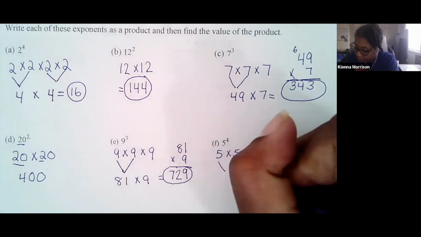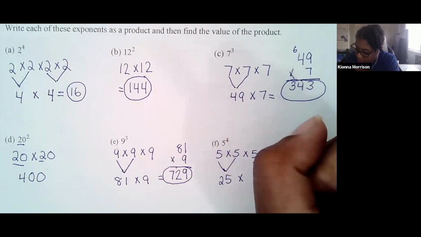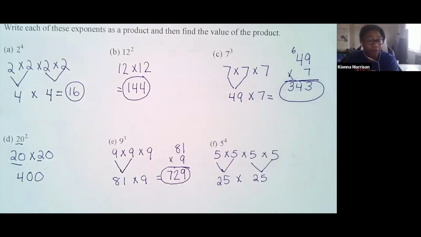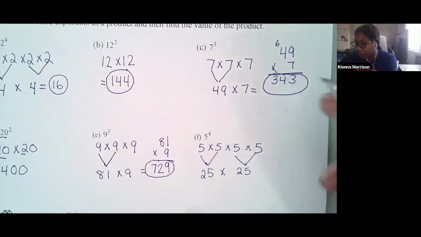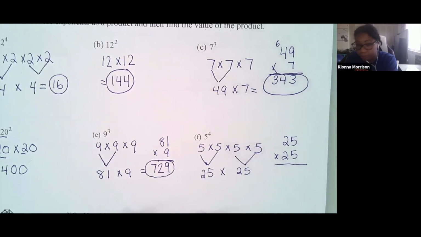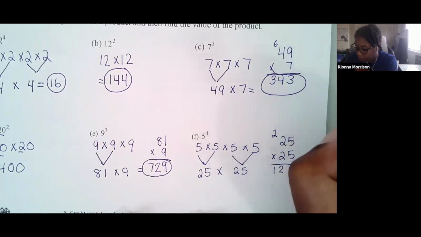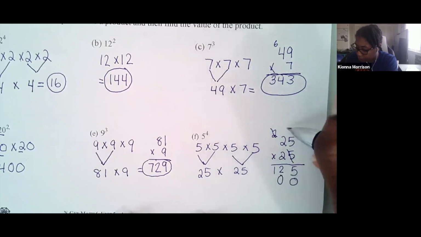Great. Now I have 25 times 25. 5 times 5, 5 times 2, plus 2, placeholder 0, 10, 4 plus 1.